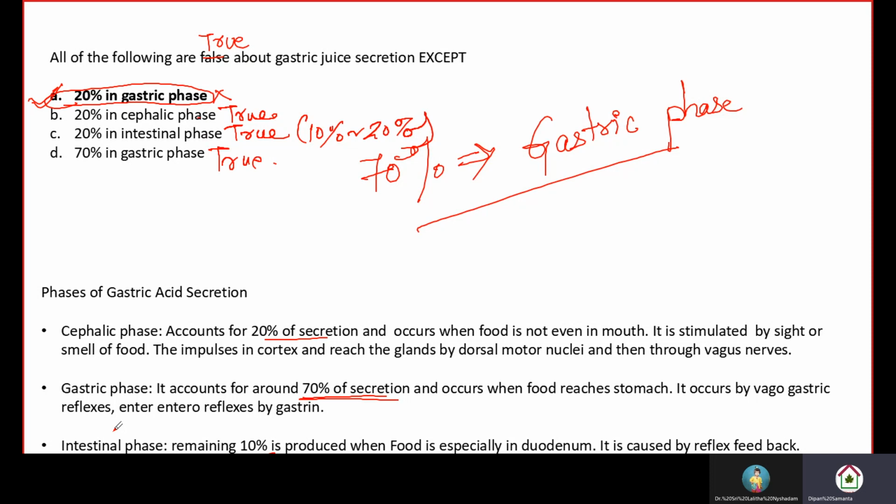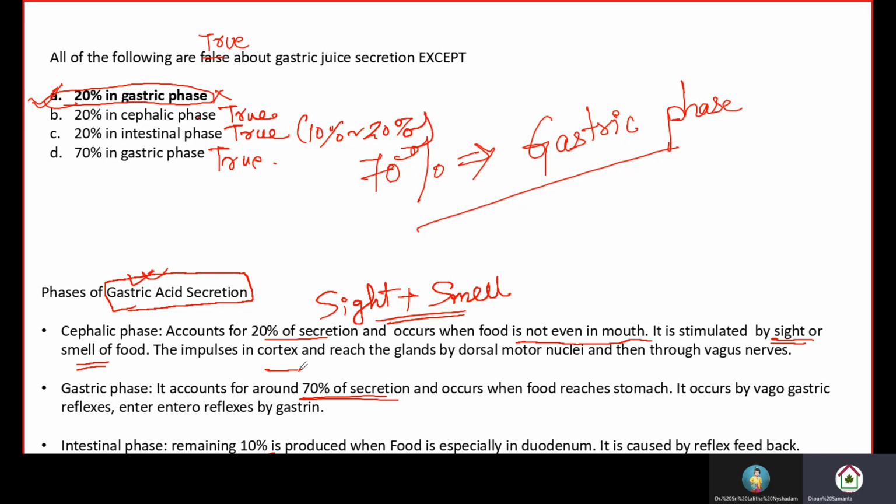So the cephalic phase occurs when the food is not even in the mouth. It is stimulated by sight or the smell of food. So at that time only, gastric acid secretion starts, just by sight and smell.